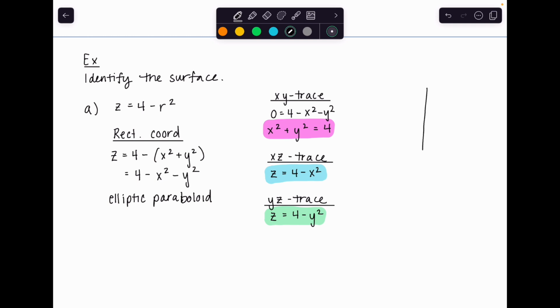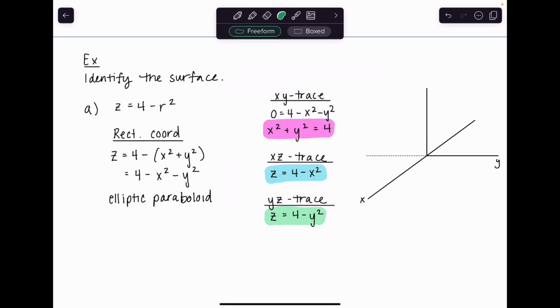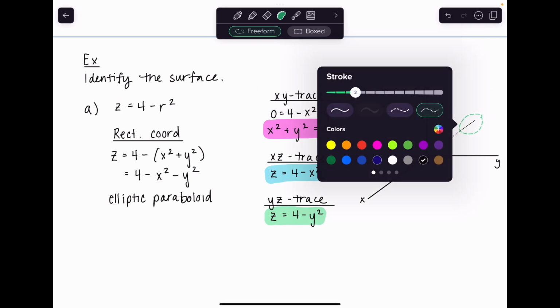So I can use all of these to get a really good picture of what's going on, because again, graphing is very important for us. I'm also going to graph the back half of these and try to make it as even as possible. We don't need to do the z downward though, as long as we have the top half.